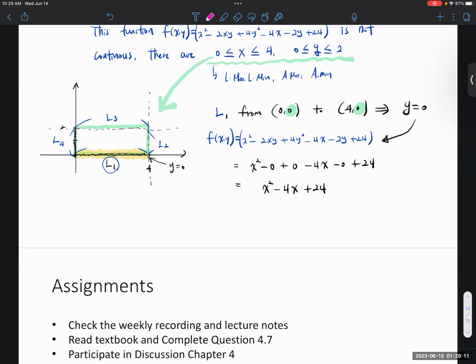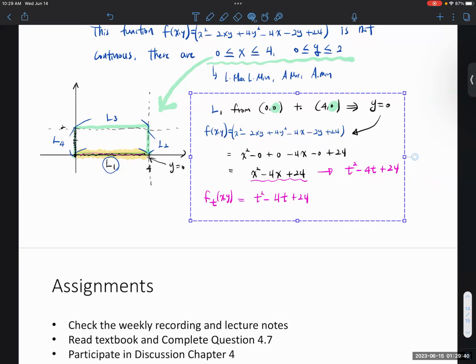When you take the partial derivative of this function in terms of t, then you can find out the moment where this is going to be 0. So we have t squared minus 4t plus 24, a little bit smaller.